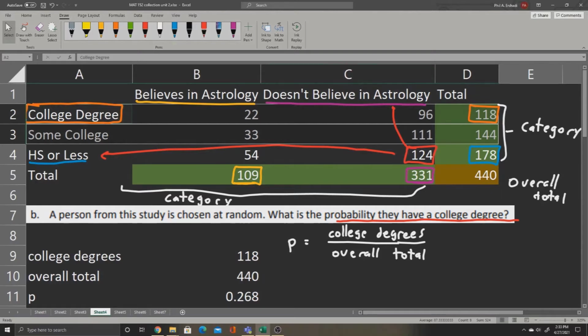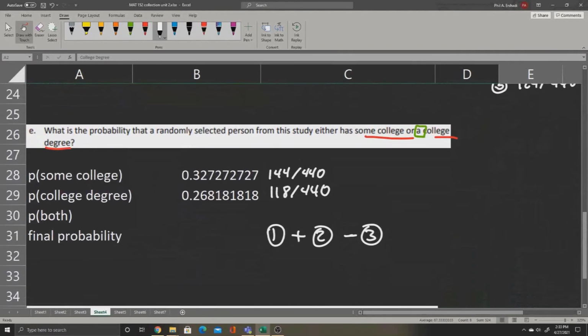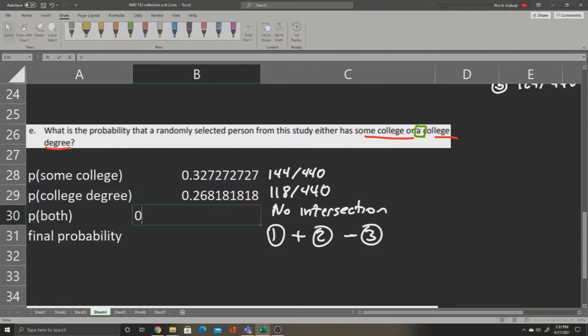Now, believing in astrology and not believing in astrology could cross one of those, but they can't cross each other because you can't have some college and a full college degree at the same time. You have to have one or the other. So we can say there's no intersection between those groups. And anytime you have no intersection, we'll say 0. Once again, there's no intersection because those groups are parallel.